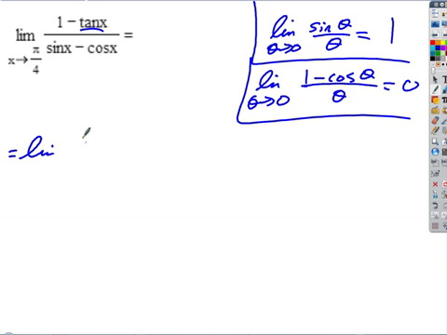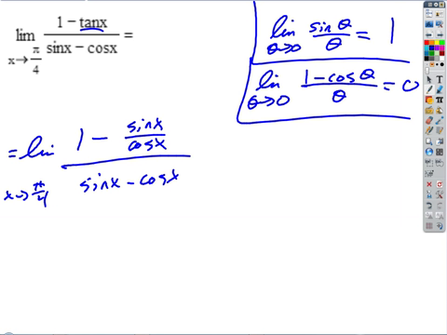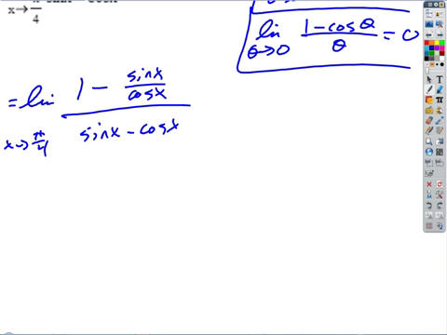On the top, that looks like 1 minus sine x over cosine x. The bottom already looks okay. What else do we need to do on the top? Common denominator.